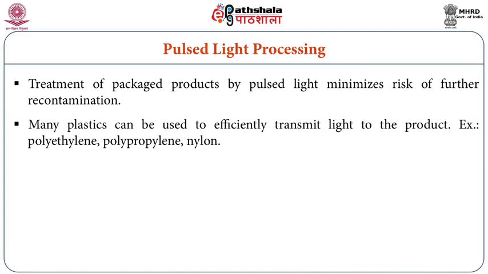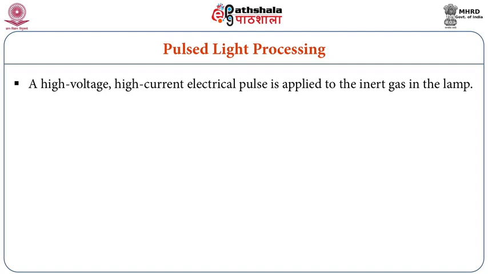Many plastics can be used to efficiently transmit light to the products. Polyethylene, polypropylene, nylon kind of materials we can use very well for transmitting light through the packing material to the food. So in this lamp, a high voltage, high current electrical pulse is applied to the inert gas.